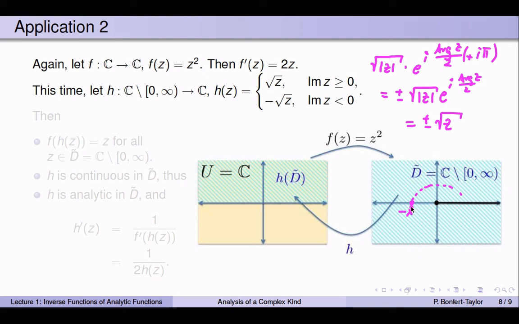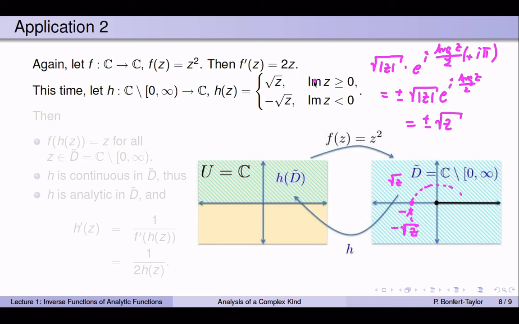So if I wanted to continuously continue this to the lower half plane, I cannot choose the principal branch of the square root function, which maps points close to the negative real axis to the negative imaginary axis. Instead, I need to choose the negative square root function on the lower half plane and the positive square root function on the upper half plane. And that's exactly what we're going to do.